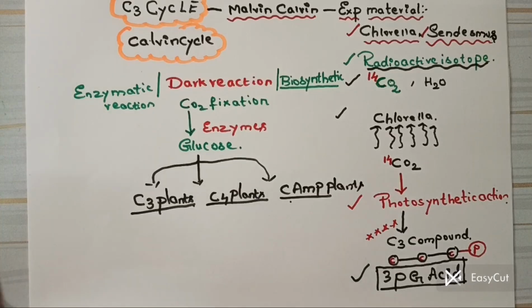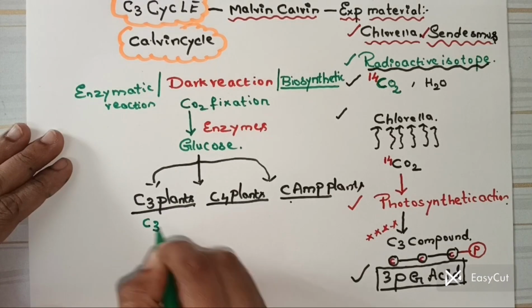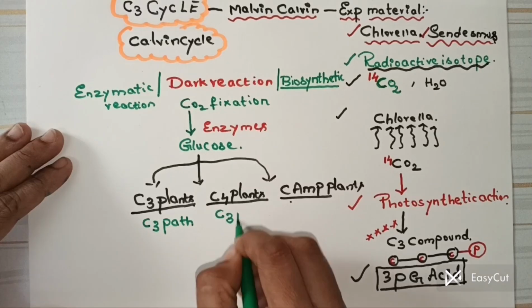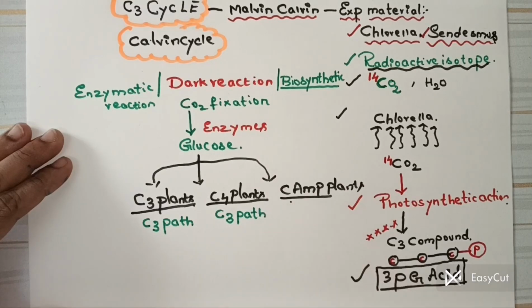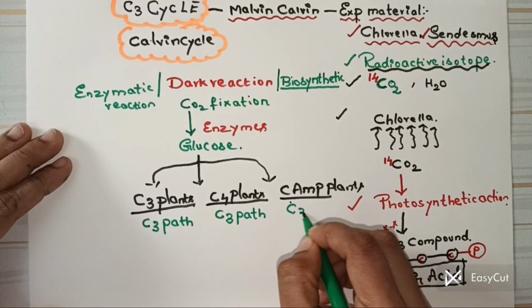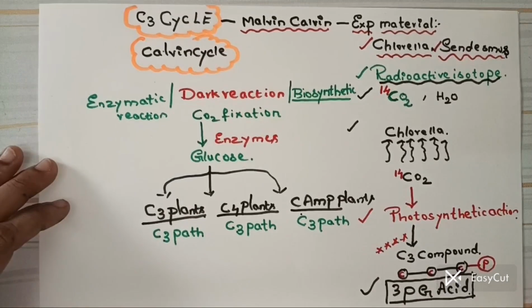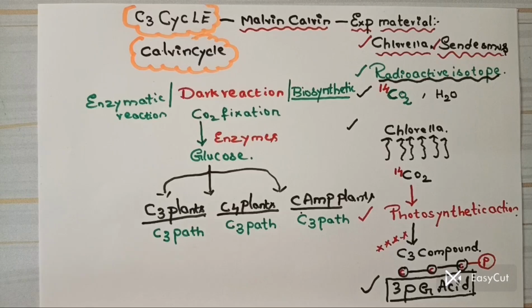The C3 plants perform the C3 pathway. C4 plants also perform the C3 pathway. CAM plants also perform the C3 pathway, which means the C3 pathway is common for all photosynthetic higher plants, be it C3 plants, C4 plants, or CAM plants.